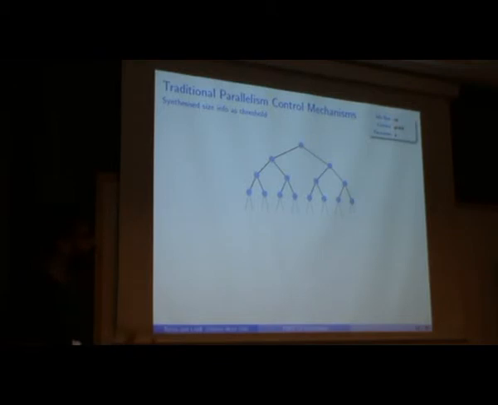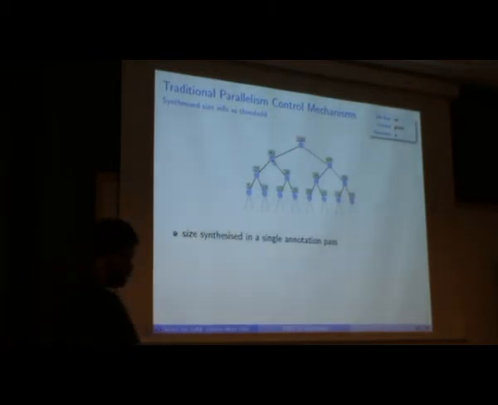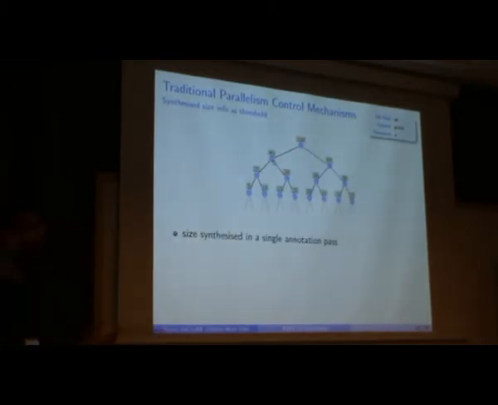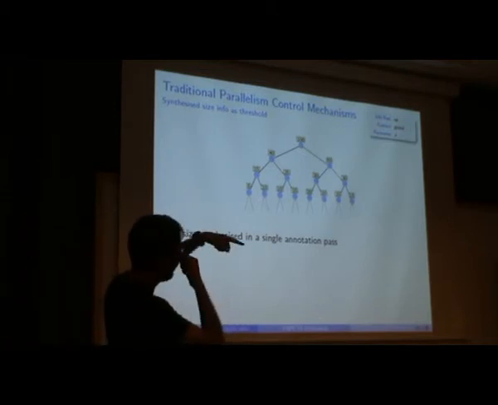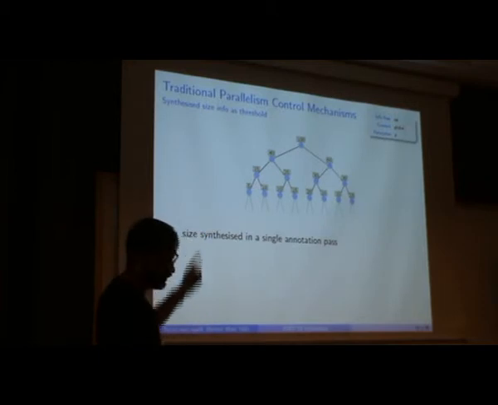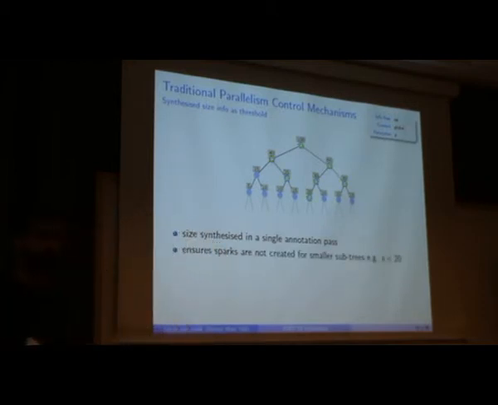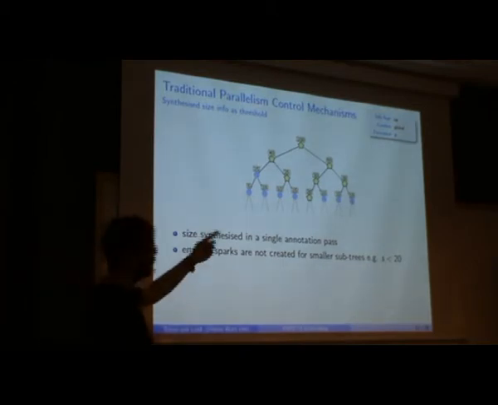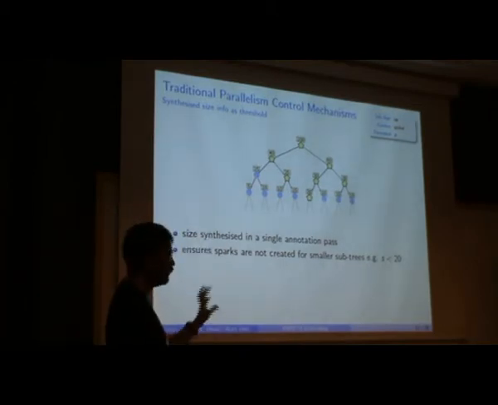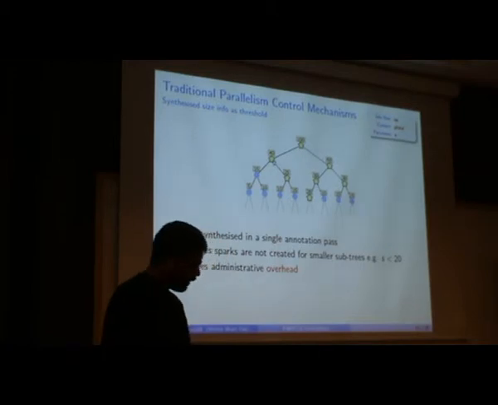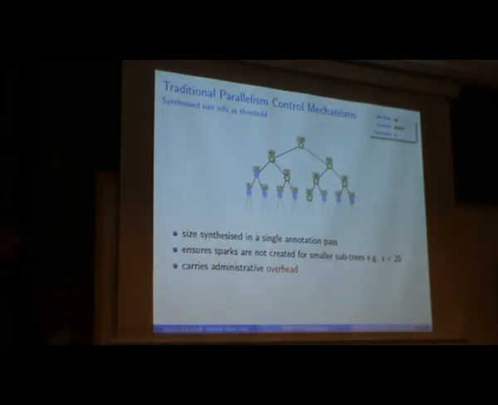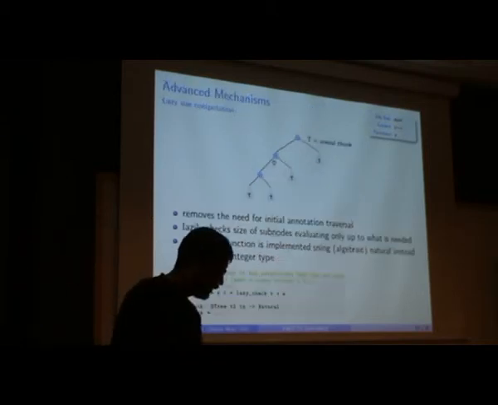Otherwise, we have to synthesize the size in a single annotation pass. That is why the information flow is up. So you see, for example, we have the size information here, and we ensure that sparks are not created for smaller subtrees. For example, in this case, if S is less than 20, we don't create a spark for that. As we could expect, because of the additional cost of doing an annotation, it carries some administrative overhead.